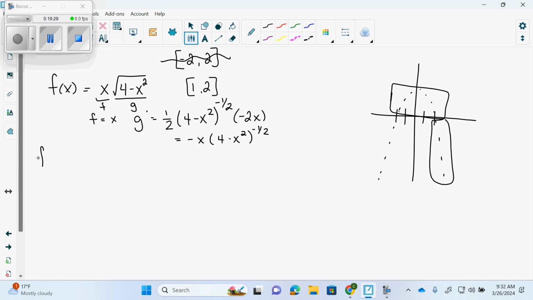Okay, so f prime of x equals g f prime, which is 1, plus f times g prime. What can I take out?